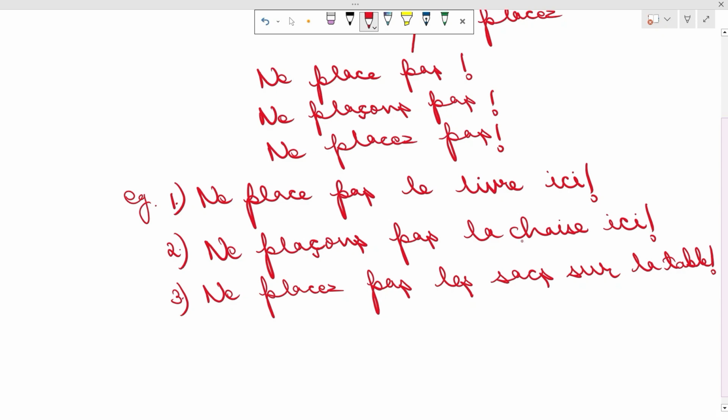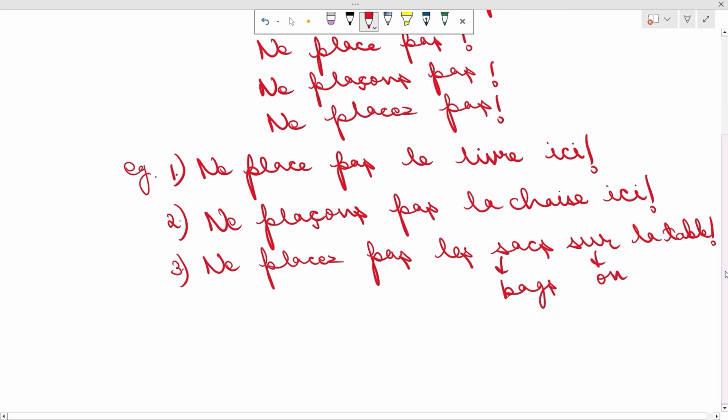Ne plaçons pas la chaise ici. Don't place the chair here. Let's not place the chair here. And third, ne placez pas les sacs sur la table. Sac means bag. It is in plural. Sur means on. Don't place the bags on the table.